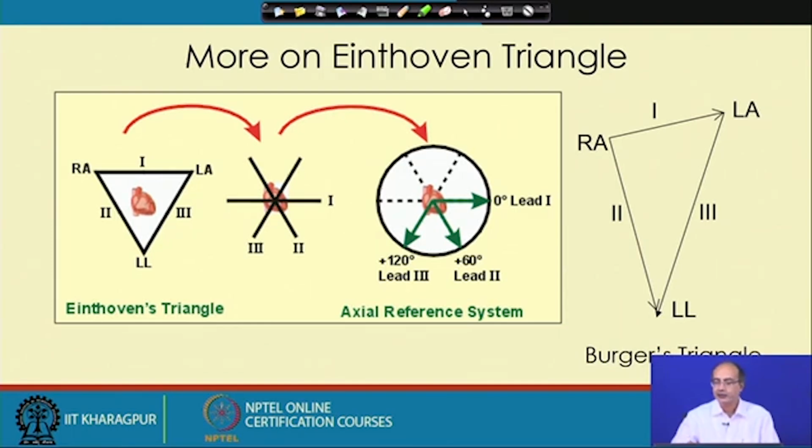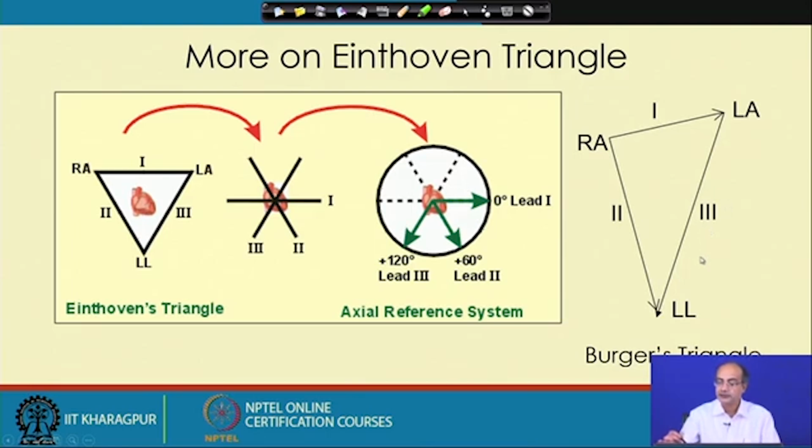So, when people tried to add them vectorially, they got a triangle like this, where lead 1 and lead 2, their magnitude is smaller than this one, the lead 3 configuration.